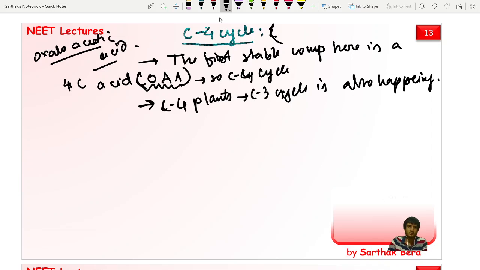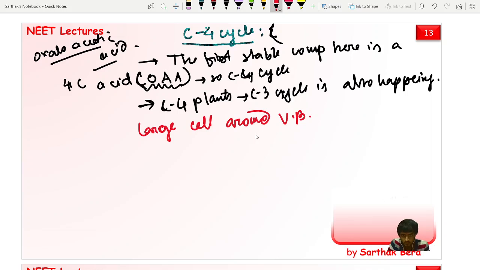So what is the specialization of the C4 cycle? The specialization is that C4 plants have large cells around the vascular bundles, which are known as bundle sheath cells.